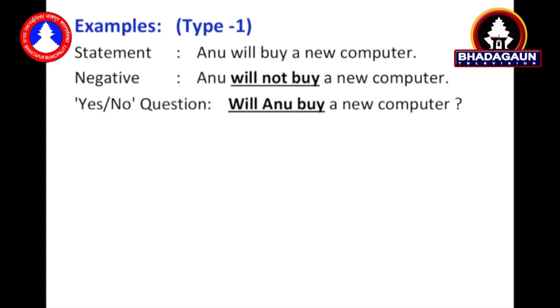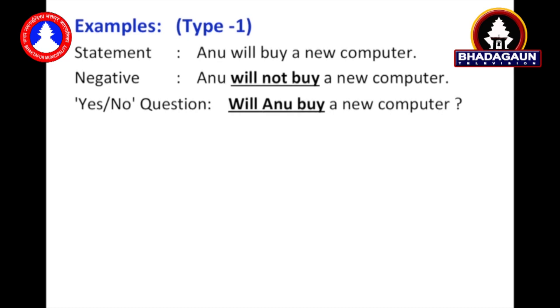Be careful about this. When we change a sentence into negative, in this example, Anu will buy a new computer, not is added next to will, between will and buy. And in the yes/no question, that will is placed before the subject.